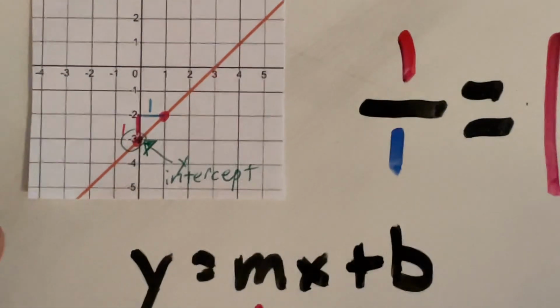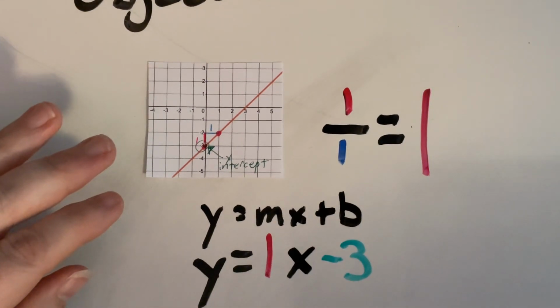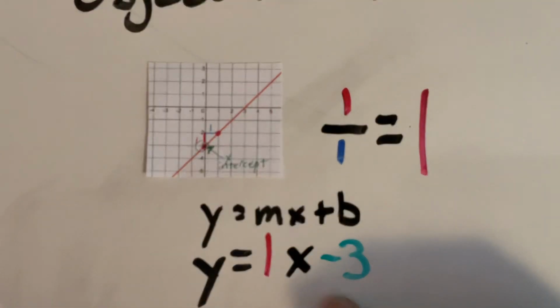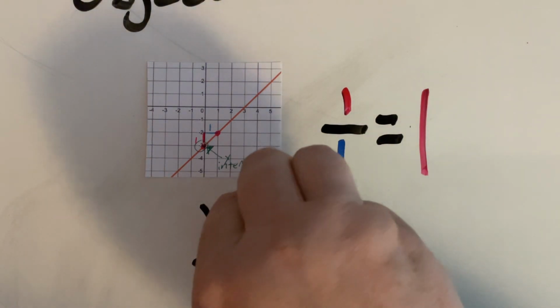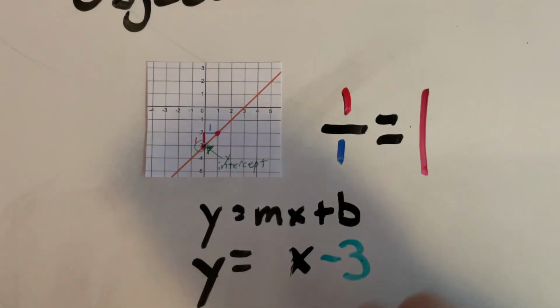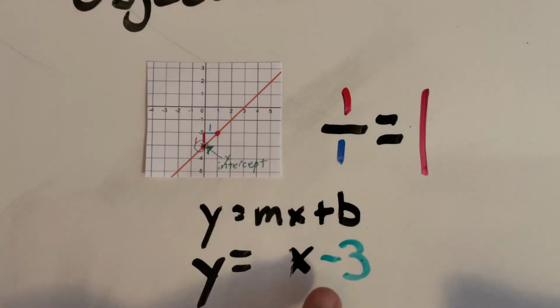Now, oh, sorry about that. He didn't get to see. There, -3. Now, if I wanted to make this even more simplified, I could actually take that 1 and I could just leave it out and have x -3, which means exactly the same thing. So either of those answers would be 100% correct.